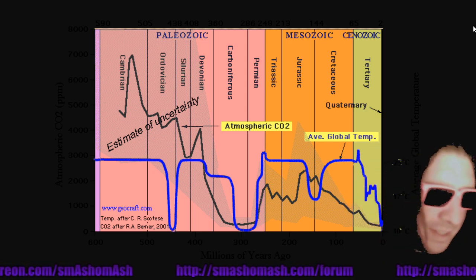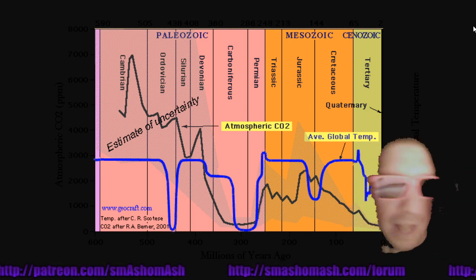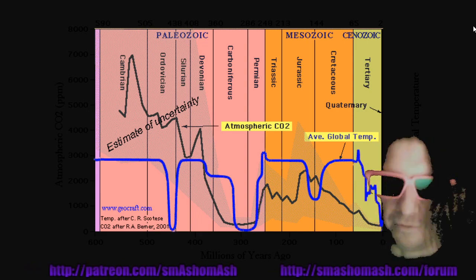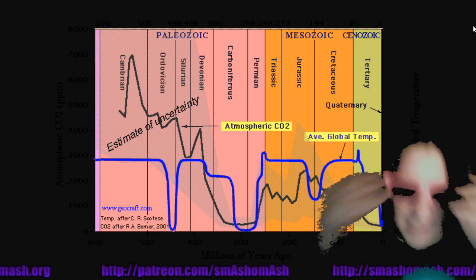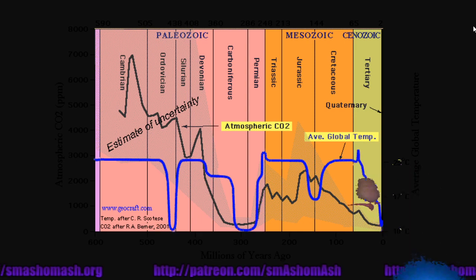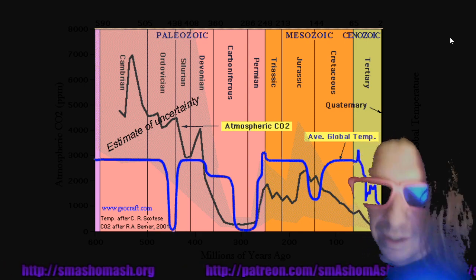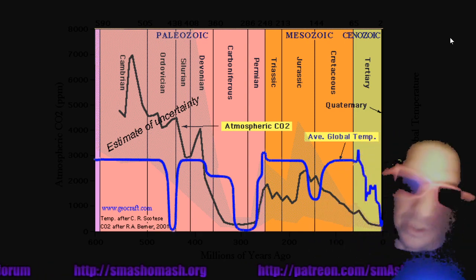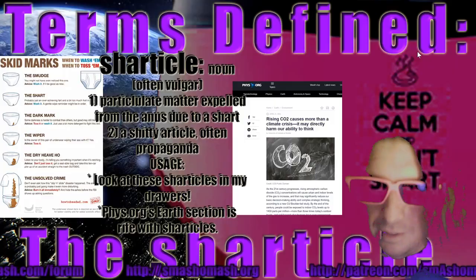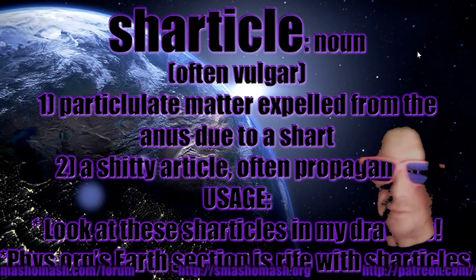Otherwise, things like algae support things like plankton, support things like everything else, and photosynthesis is kind of important. So please stop referring to CO2 as a pollutant, because CO2 is not a pollutant.